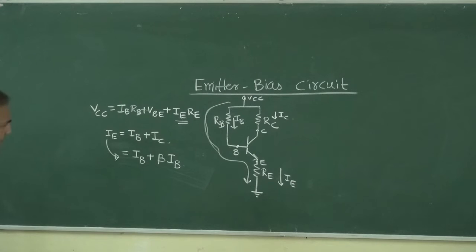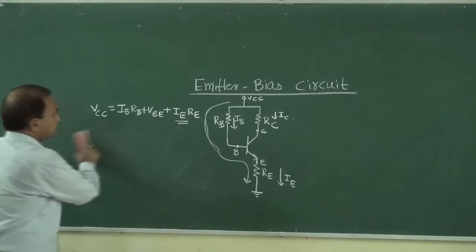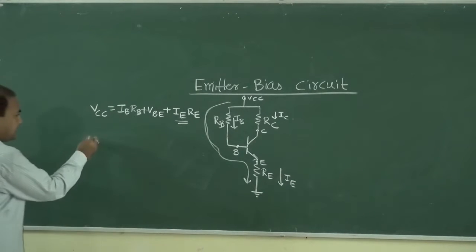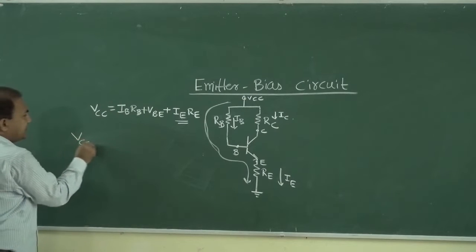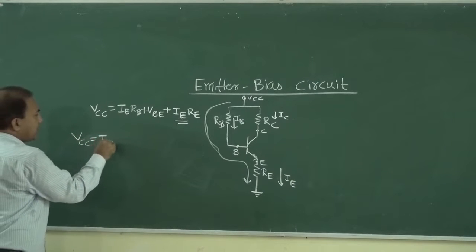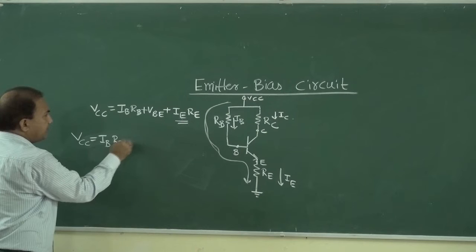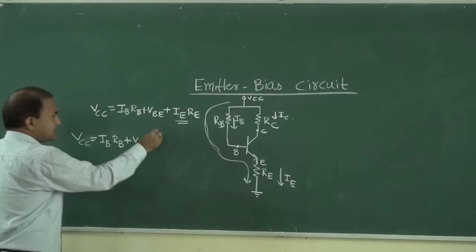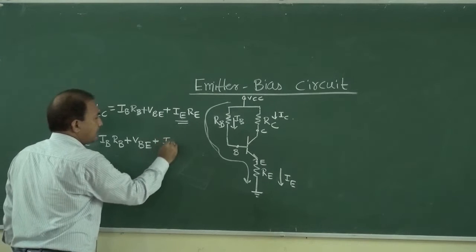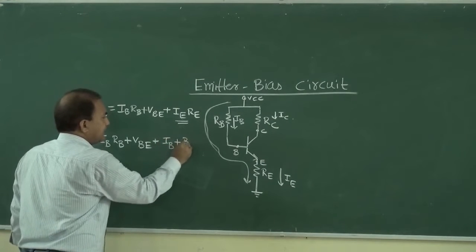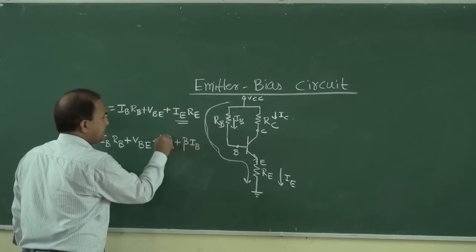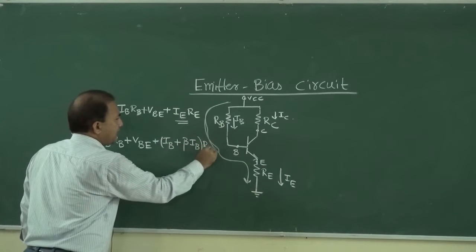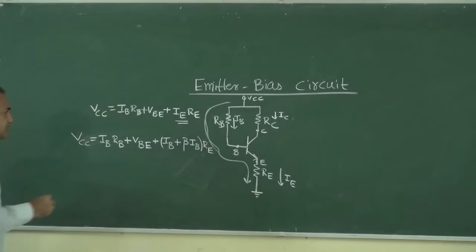So it is equal to VCC, it is equal to IB RB plus VBE plus IB plus beta IB into RE, like this.